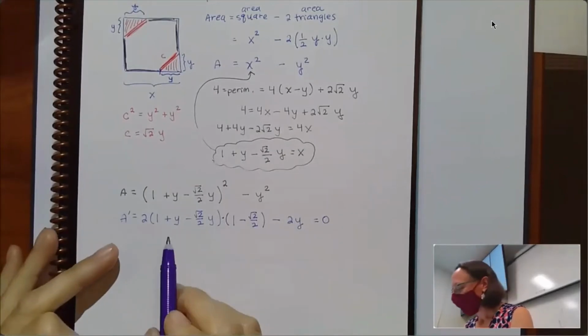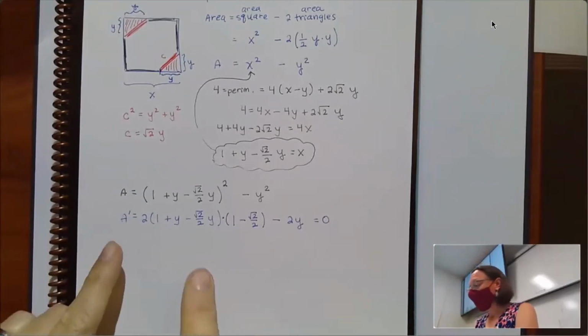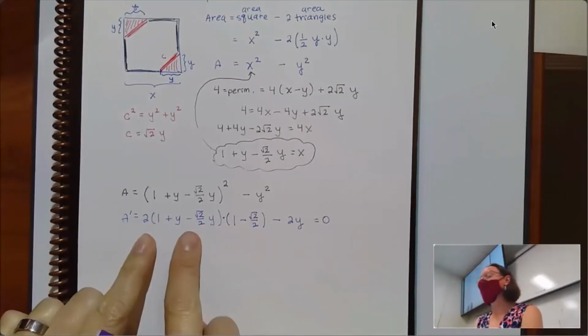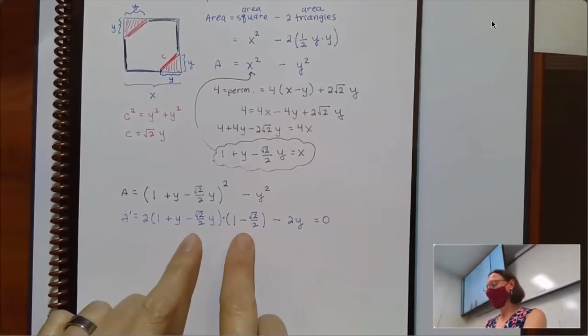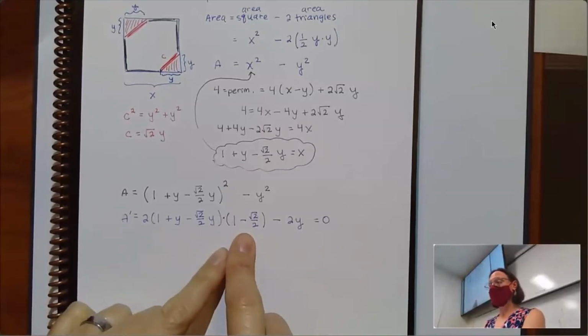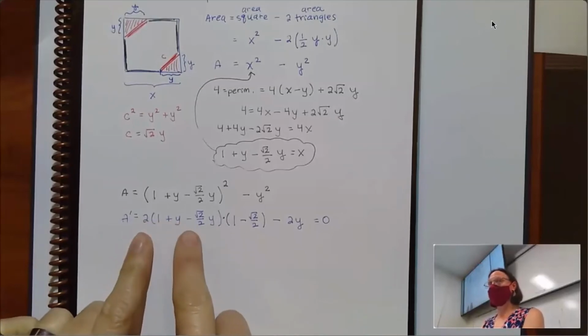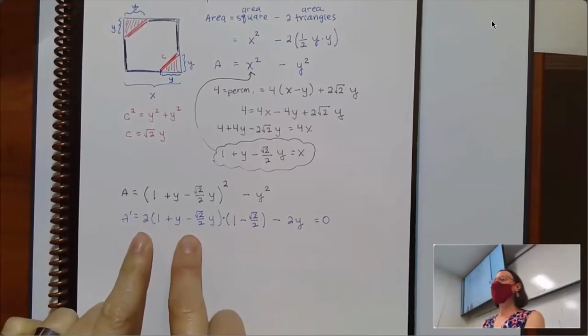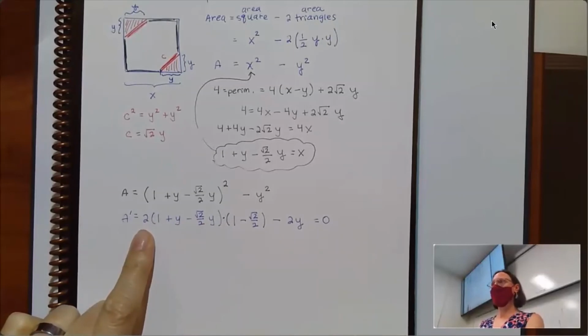I have 3 things that are multiplied together, so I can choose which of these 2 to distribute my 2 into. I'm going to distribute it to the first one. By the way, I can't distribute it to both, or I'd be multiplying by 4, not by 2.